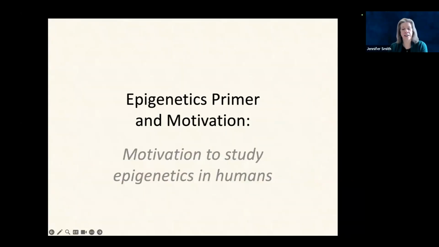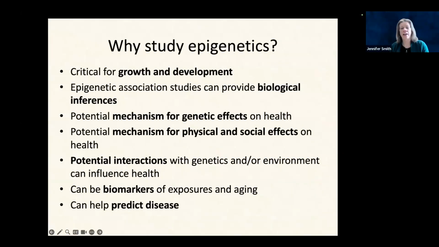Okay, just going to give you a brief primer. This is one more section about why we want to study epigenetics in humans, for example. Why? Well, it's critical for growth and development. It can help us provide biological inferences and understand the biology behind diseases. We can study the mechanisms of genetics on health, the mechanisms of physical and social effects on health.